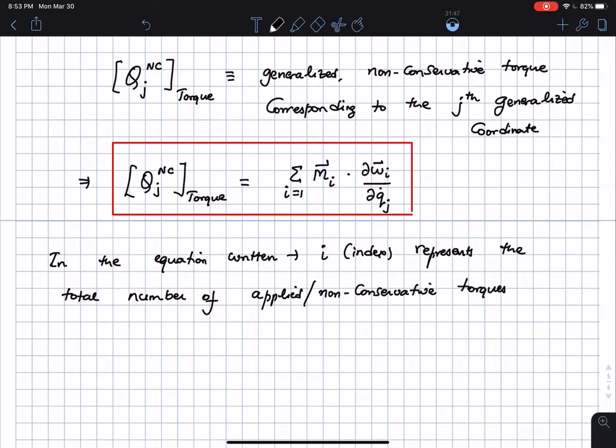This could include drag torque as well, if acting on the problem.